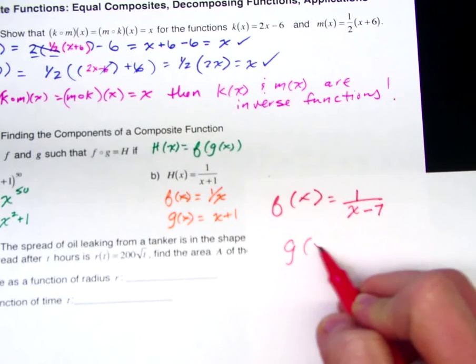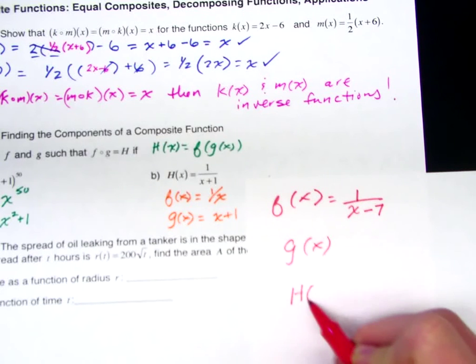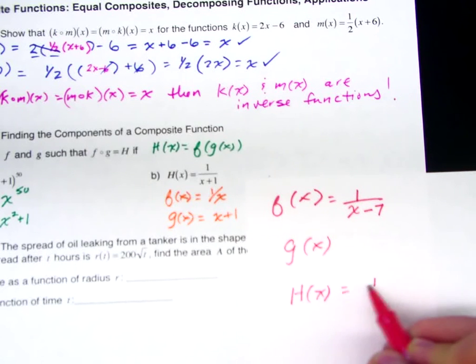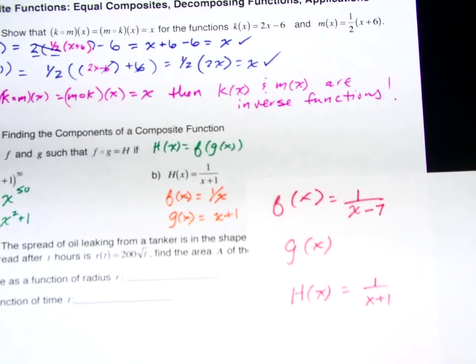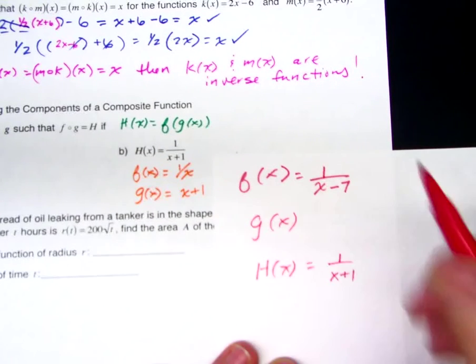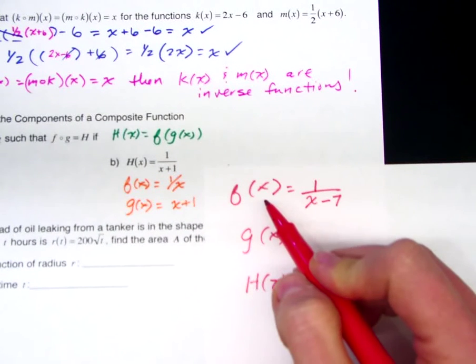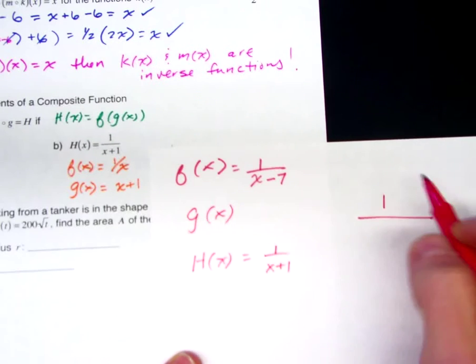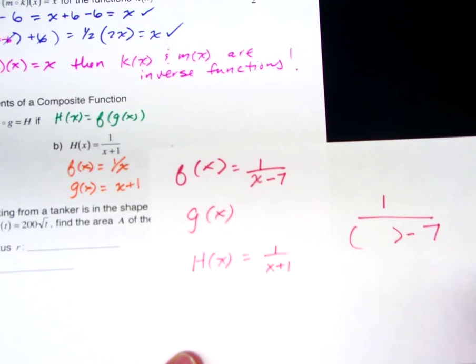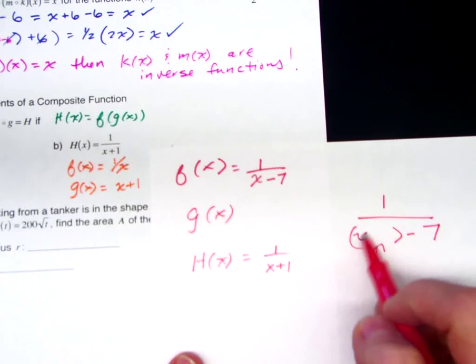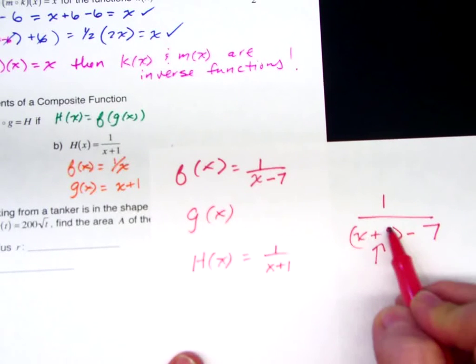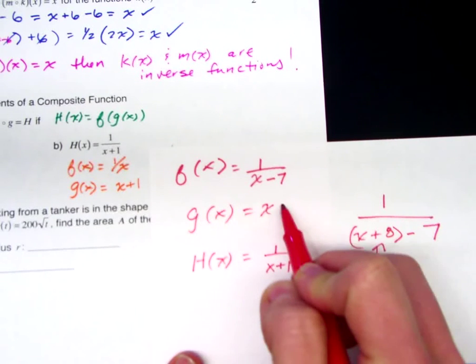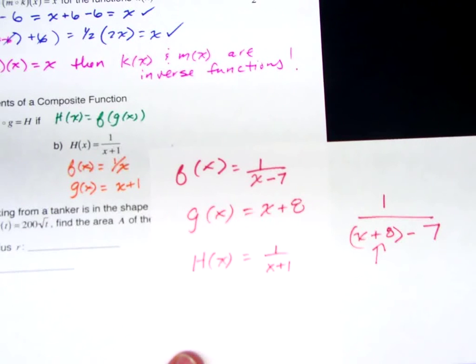And I said, all right, you need to tell me what g of x is so that when I get h of x, it's still 1 over x plus 1, right? So into this function f of x, that's 1 over parentheses minus 7, what has to go into the parentheses to make it look like this? X plus 8. So g of x could be x plus 8. Do you see what I mean?